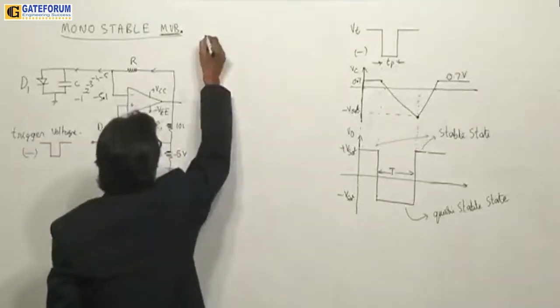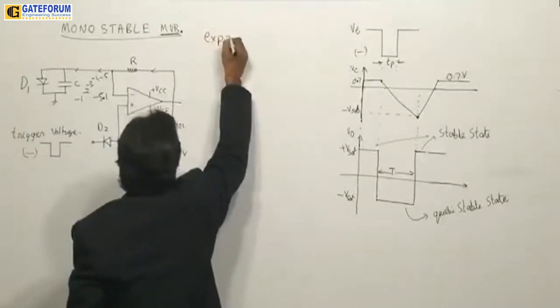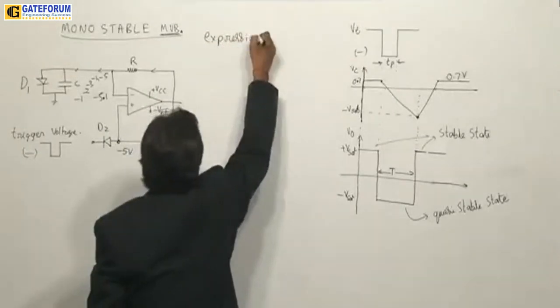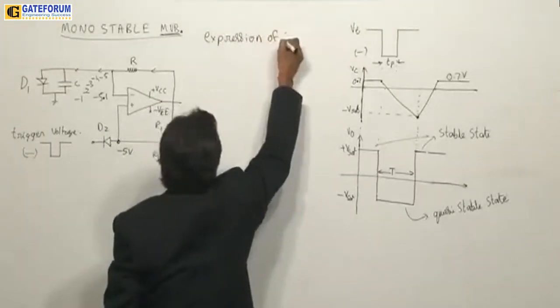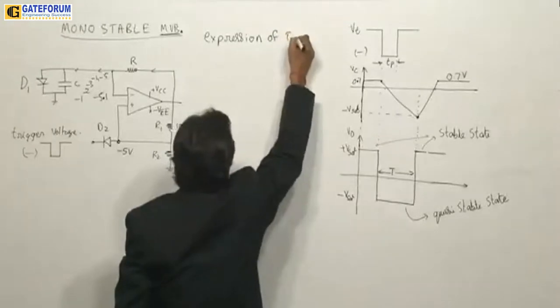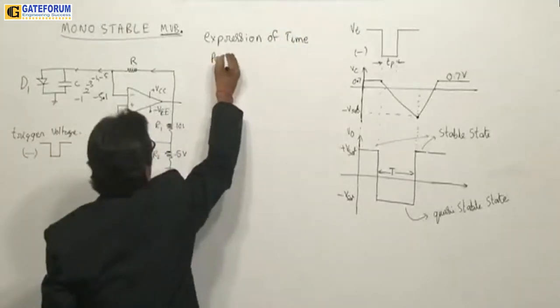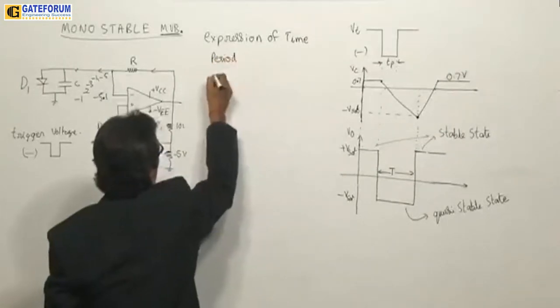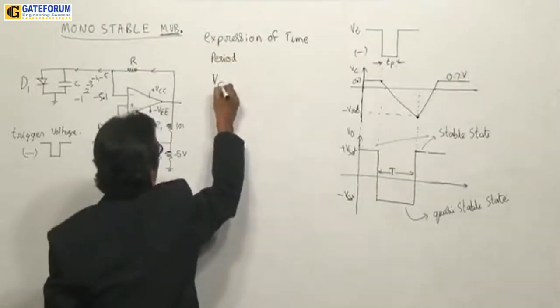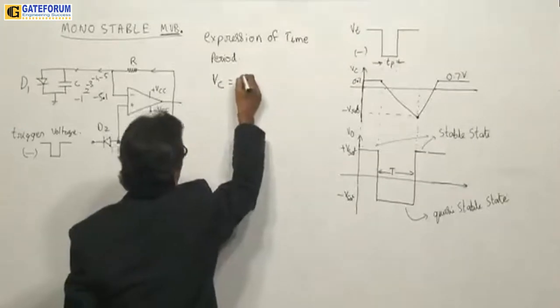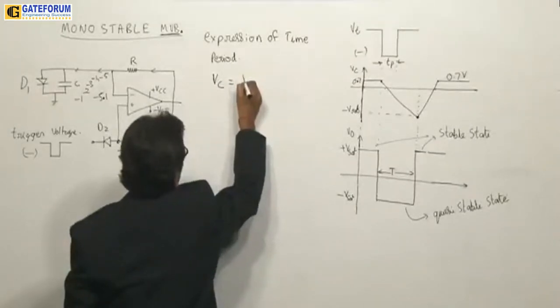Now you can see here the expression for time period. So for that we have to take the standard RC network equation.